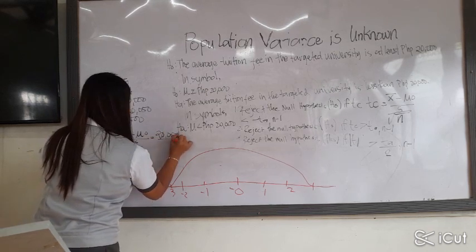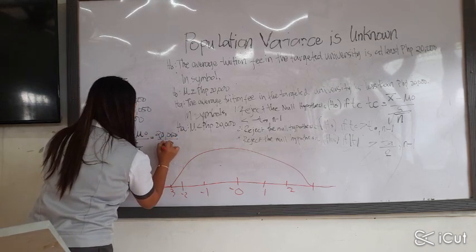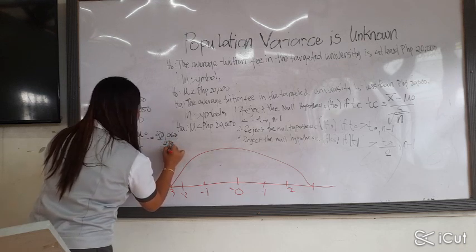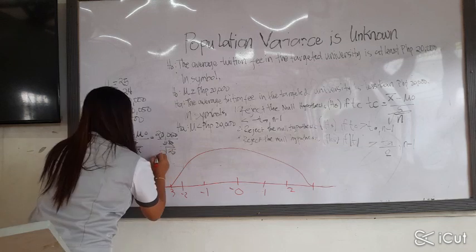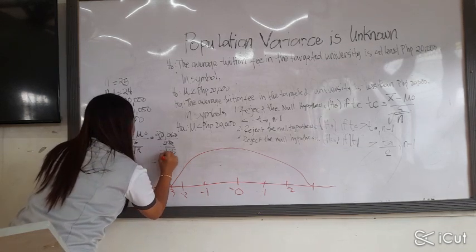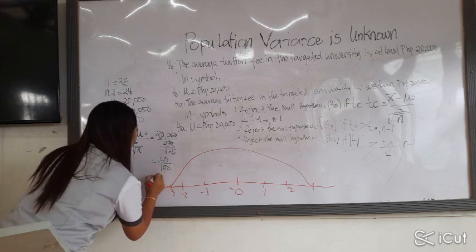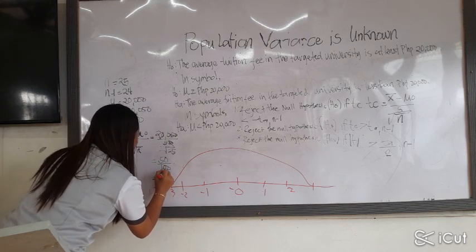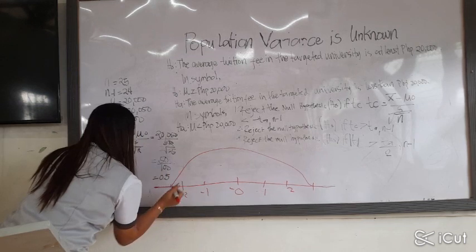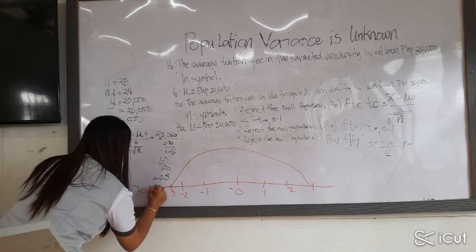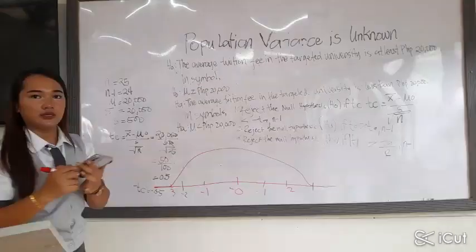That is 20,050 pesos minus 20,000 pesos divided by 500 pesos over the square root of 25, which equals 50 over 100. The answer is 0.5, so t sub c equals 0.5.